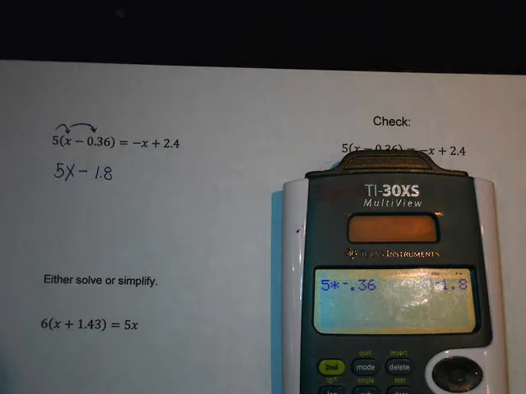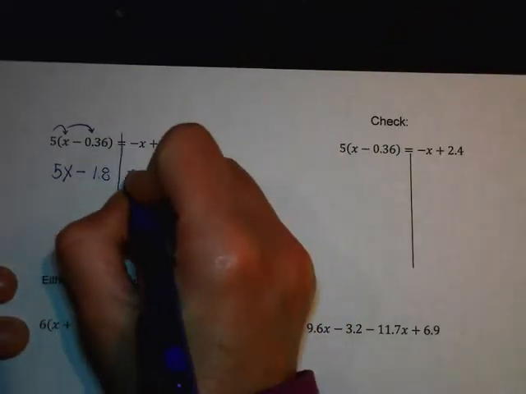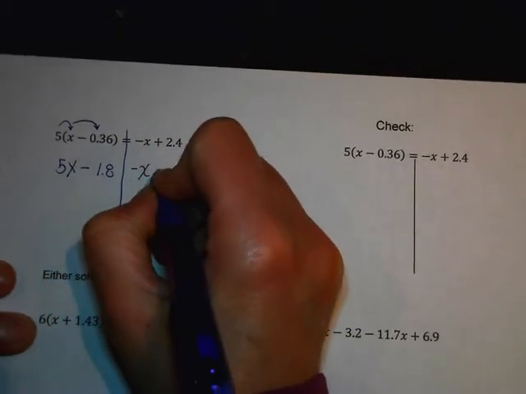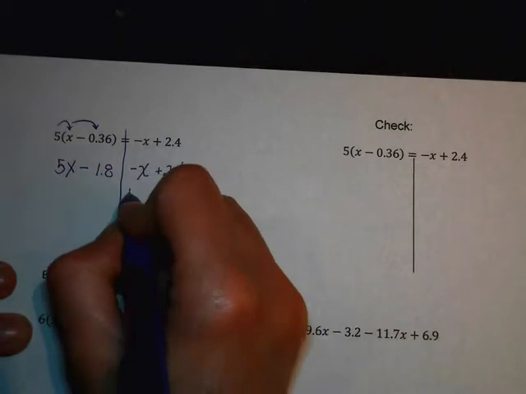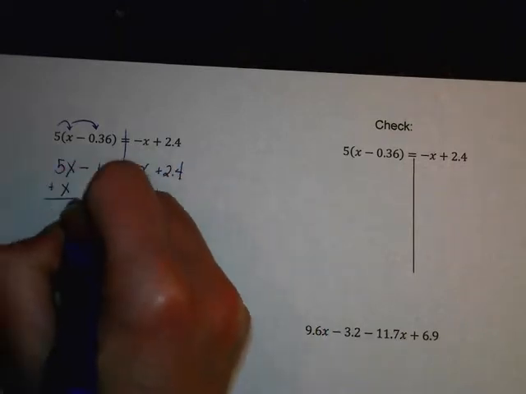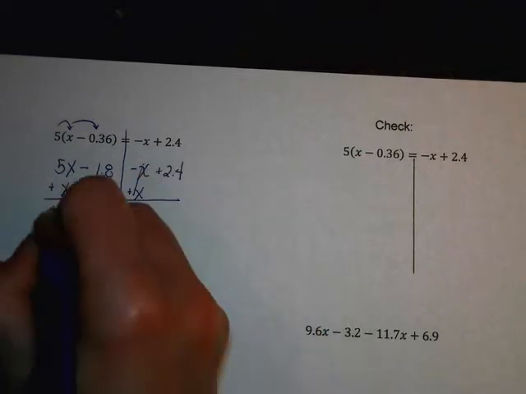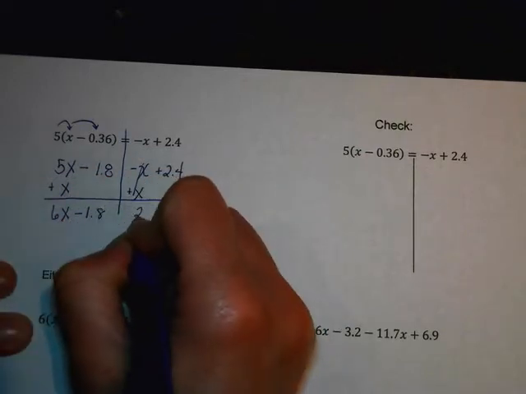And that's going to equal negative x plus 2.4. So let's see, I'm going to add x first. I'm going to get all my x's on the left-hand side. So 6x minus 1.8 equals 2.4.